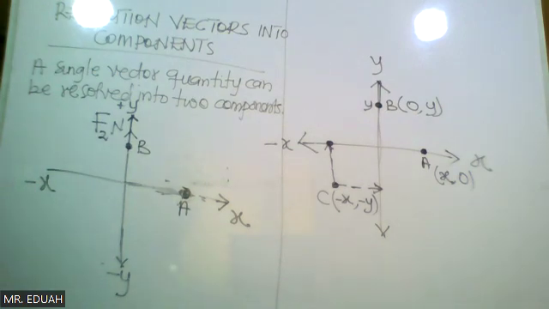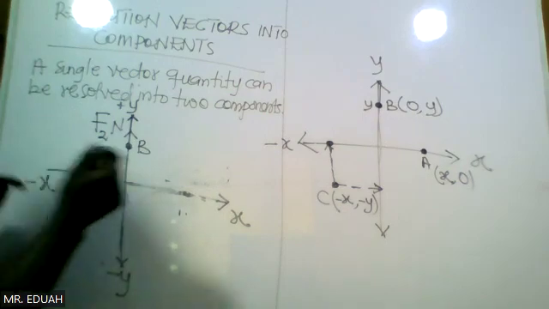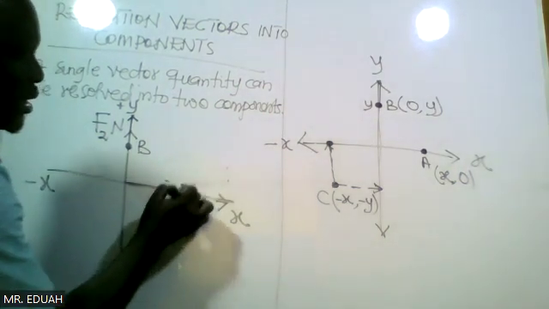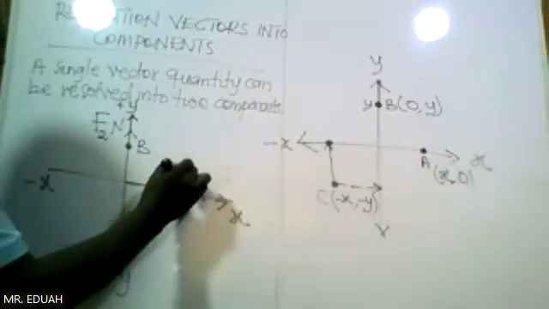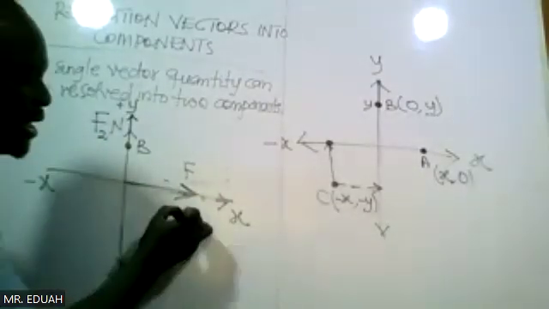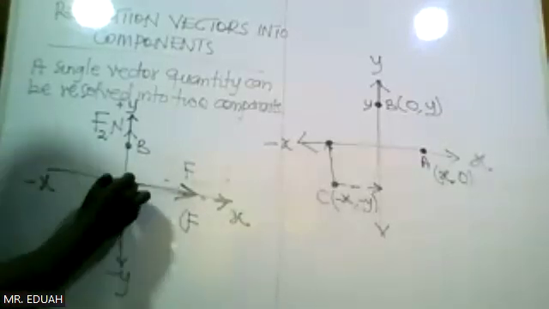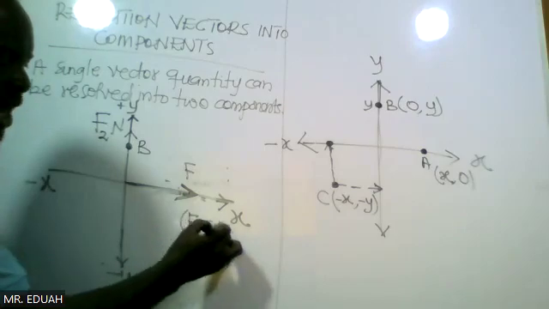So what I'm saying is that assuming you are given a force and the force lies on this axis, it's directed here, F. If you are asked to resolve this into components, it has a horizontal component of F and a vertical component of 0.